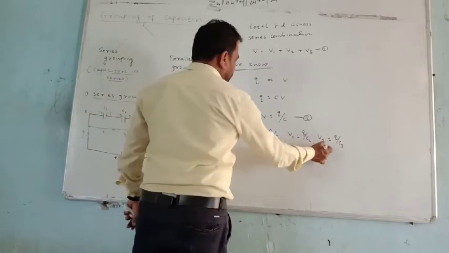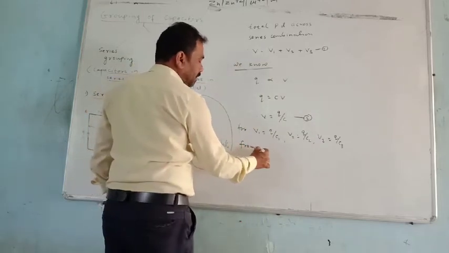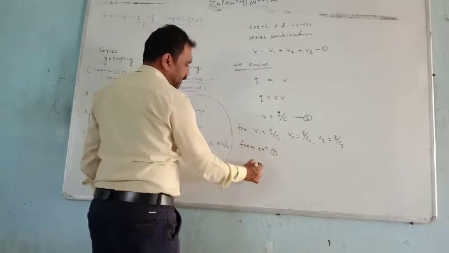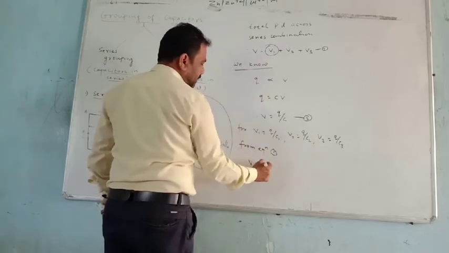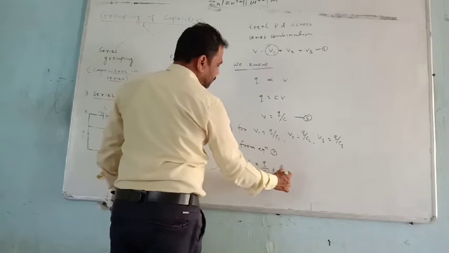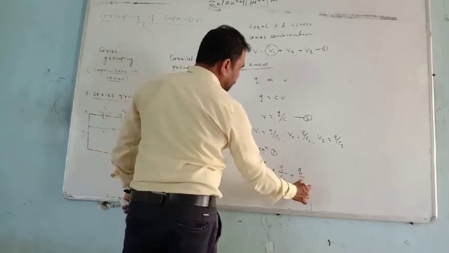These values we can put in equation 1. So from equation 1, V is exactly equal to Q by C1 plus Q by C2 plus Q by C3.